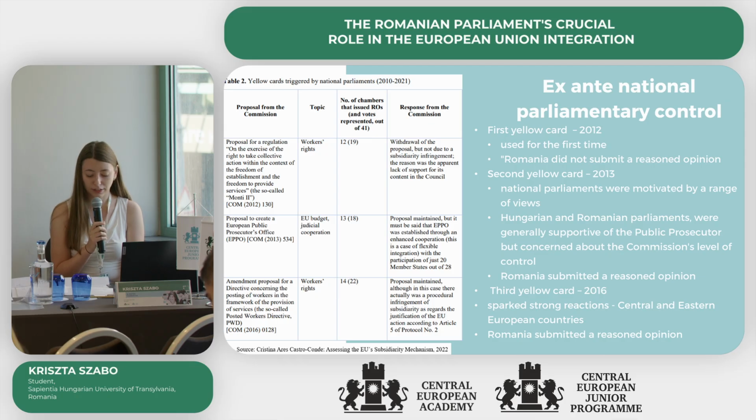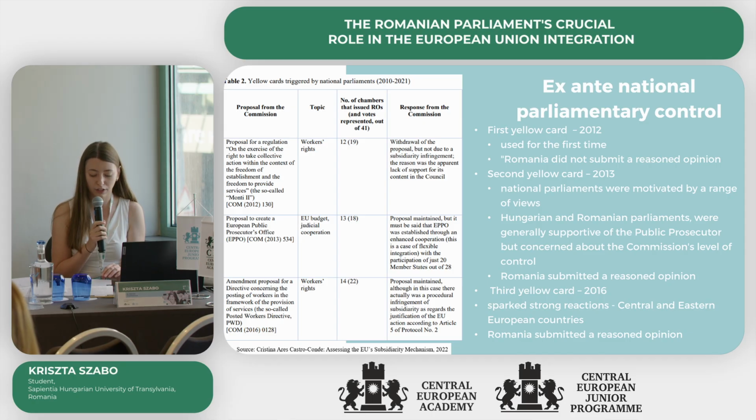The proposal sparked a strong reaction, especially from national parliaments in Central and Eastern European countries, which submitted numerous opinions. Romania here also submitted a reasoned opinion, both chambers, the Chamber of Deputies and the Senate.